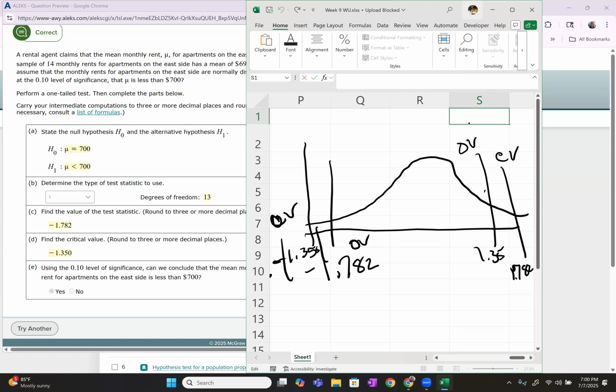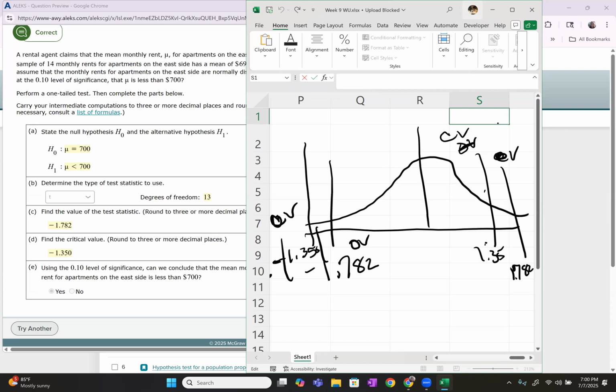I'm sorry, reverse that. This is the CV. This is the OV. The observed value is greater than CV. This is the value that you're not going to reject.